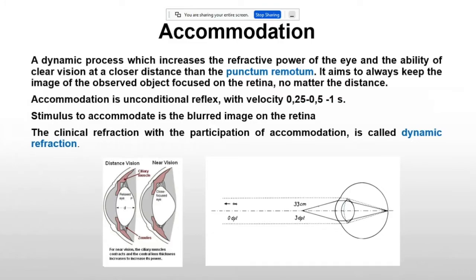It is an unconditional reflex, and the stimulus for accommodation is blurring of the image on the retina, which switches accommodation on. Clinical refraction with the participation of accommodation is called dynamic refraction, unlike static refraction, which is clinical refraction without the participation of accommodation.